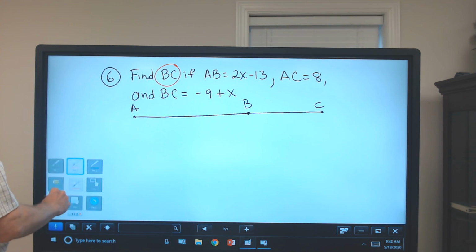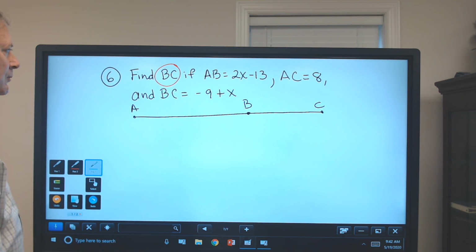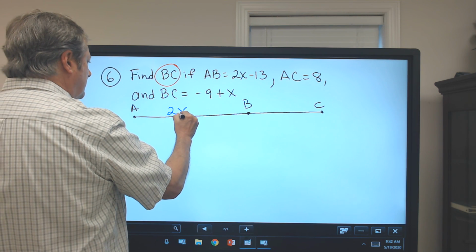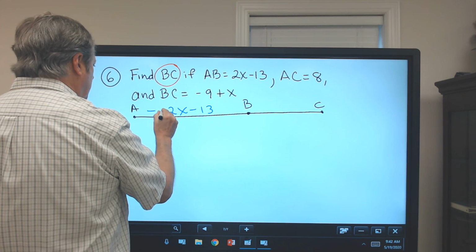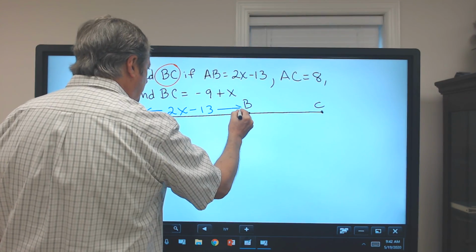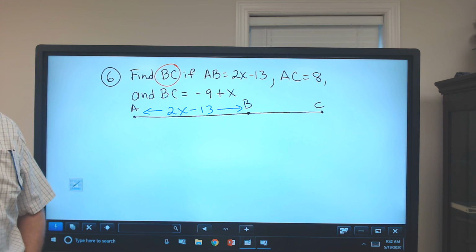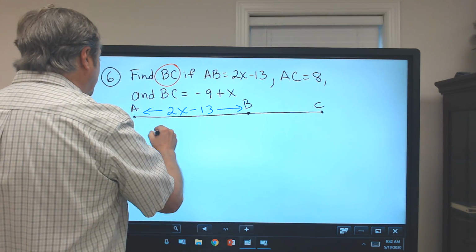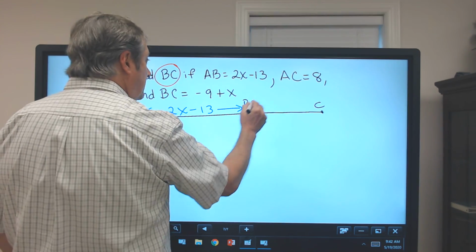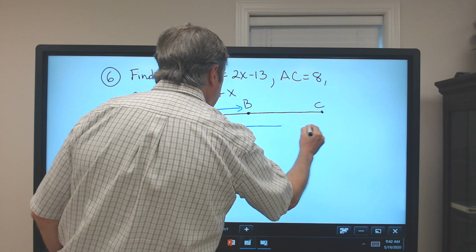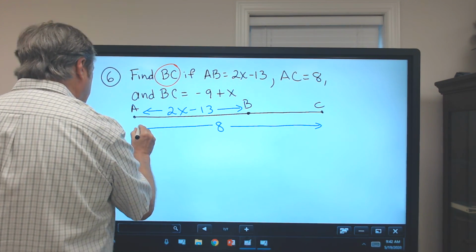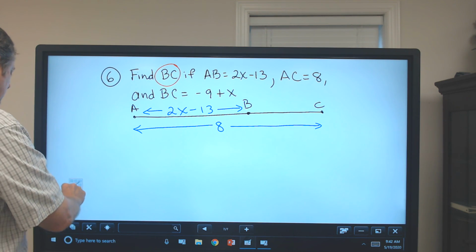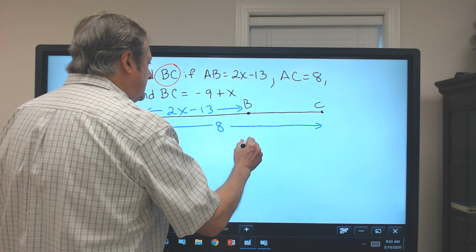Well, what information do we know? Well, we know that from A to B is 2x minus 13. So in other words, from here to here is 2x minus 13 units. And they tell us that from A to C is 8 units. So at this point, I hope that you can already sense how we're going to do this.